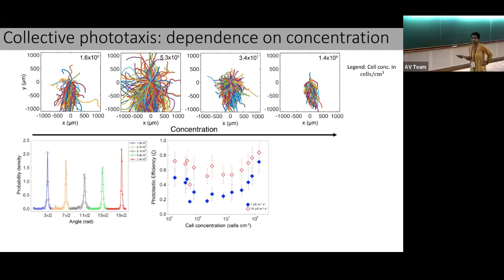Prerna? Yes. So as you increase the concentration, at the highest concentration, it seems like there is a collective motion towards the left or something. So starting from the 0, it doesn't quite follow a vertical motion towards the light. Is it because the collective swimming has a drift motion that happens?